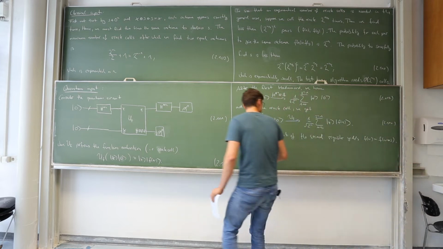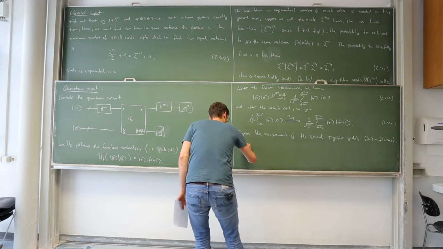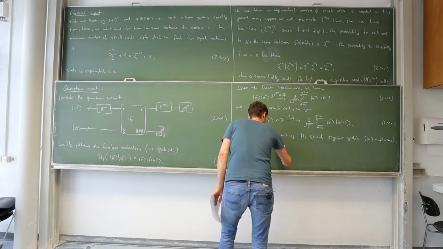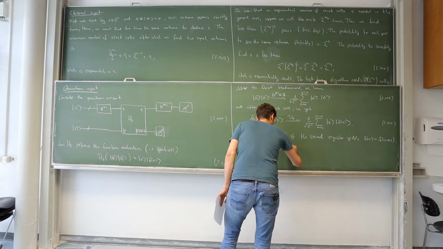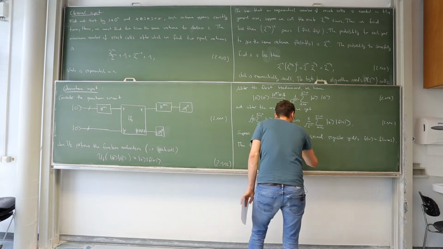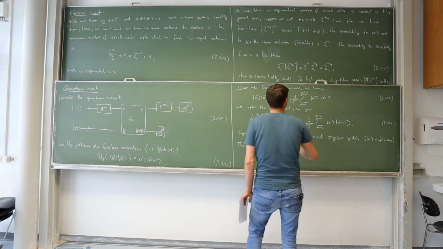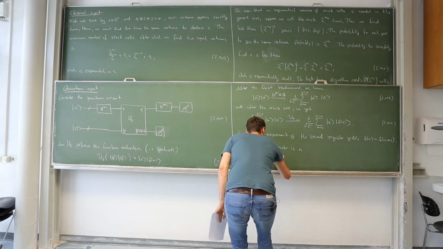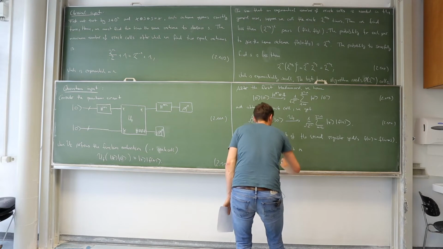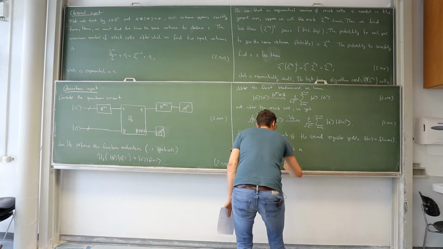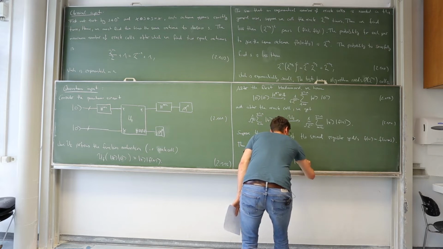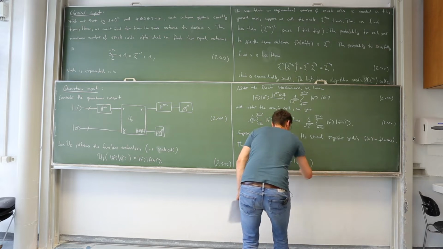Okay, then the first register is in the state 1 over square root of 2, and then we have w, or w plus s.